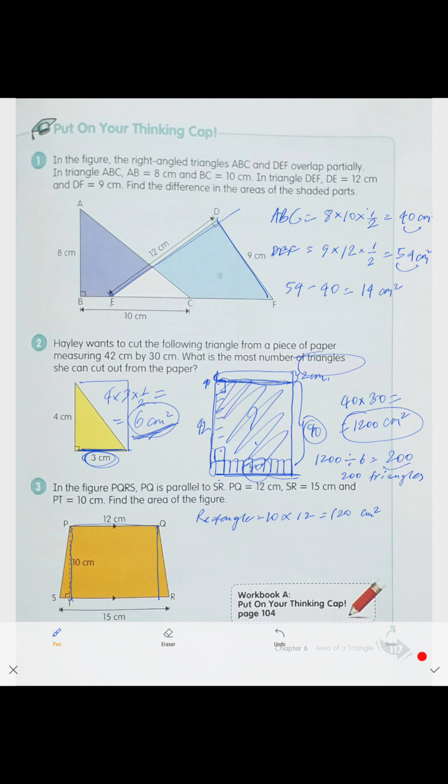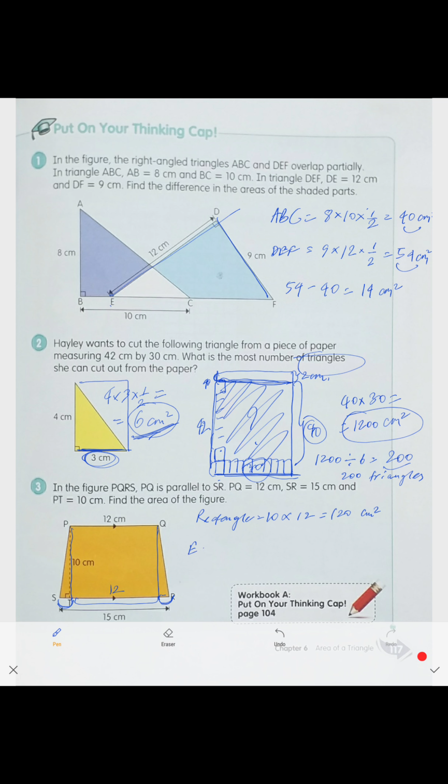Right, now let's think about our triangles. This side is 12, but the big side is 15, right? So if this side is the same as 12, we will only have 3 centimeters for this piece and for this piece.